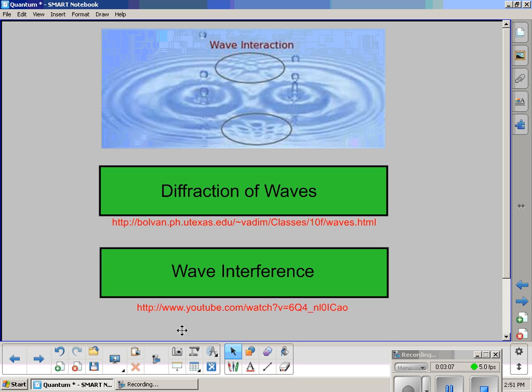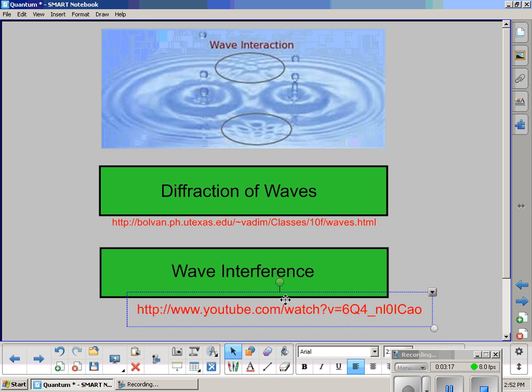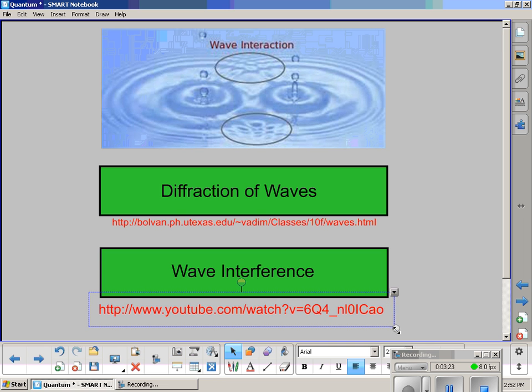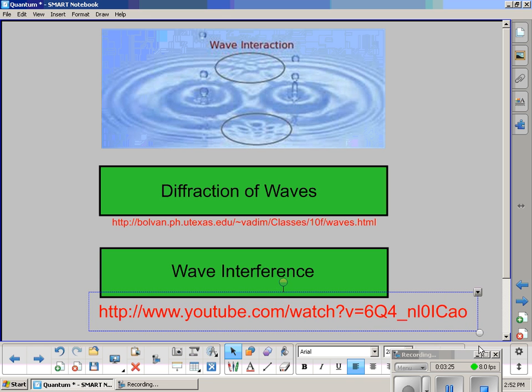This second one, the resolution is absolutely horrible, so I can make this a little bit bigger so you can read it. There, that should be easy enough for you to read.